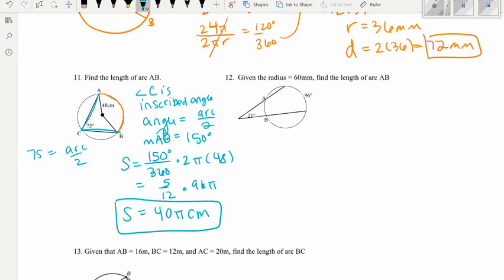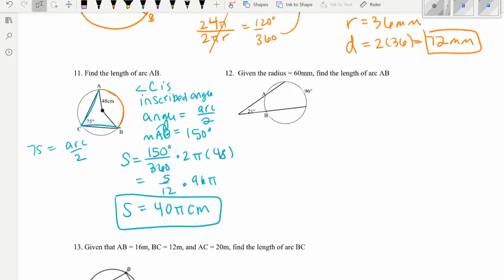Question 12 says, given the radius is 60 millimeters, we want to find the length of arc AB, which is here. So we have the exterior angle.